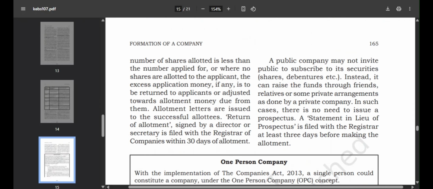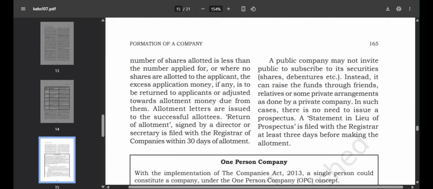In case the number of shares allotted is less than the number applied for, or where no shares are allotted to the applicant, the excess application money, if any, is to be returned to the applicants or adjusted towards allotment money due from them. Allotment letters are issued to the successful allottees. Return of allotment signed by the director or secretary is filed with the registrar of companies within 30 days of allotment.